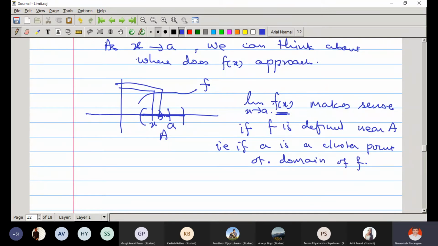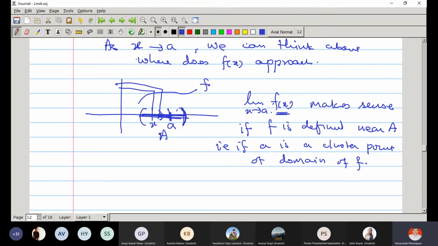If the domain of f is this set A, and you take any point A, and near A the function is defined, then certainly we can say that A is a cluster point of the domain and we can approach it. X can approach A because x is near A, then f of x makes sense. The idea is clear, why we are talking about cluster points?